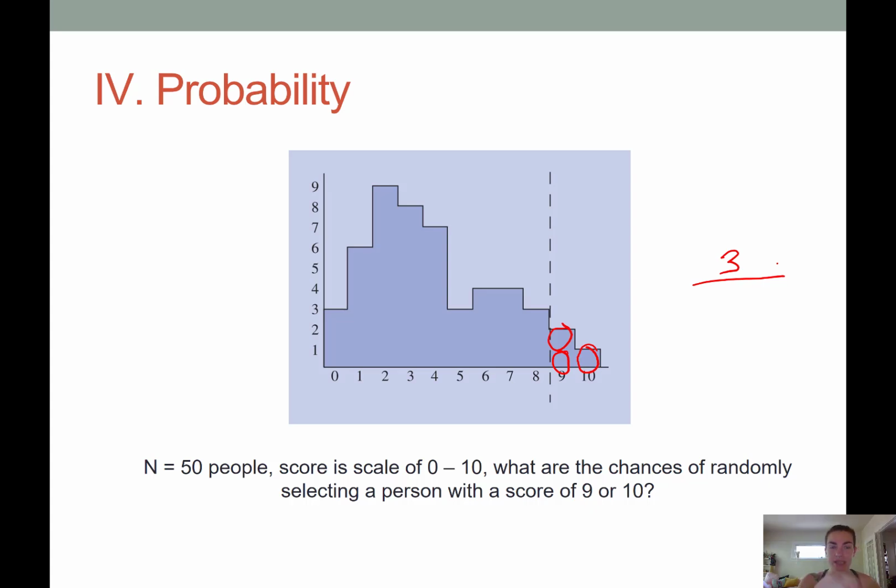When I pick someone at random, how many total possible outcomes could there be? Well, I know that my whole sample size is 50, or in other words, that there's 50 people represented in this histogram. So the chances of getting someone with a score of 9 or 10 is 3 over 50, which reduces to 0.06. And that is the end of my lecture on probability and sampling from a population.